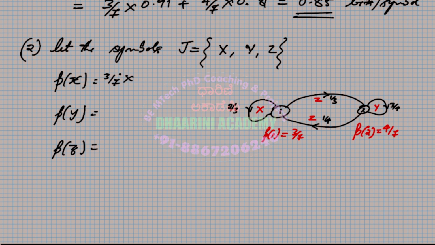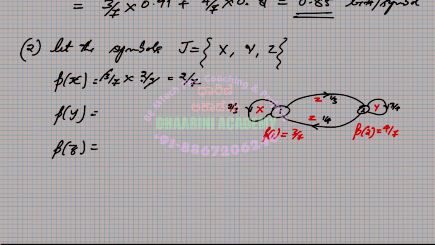After reaching state 1, the chance of getting X is 2 by 3. So the multiplication rule should be applied. The 3 cancels, so the chance is 2 by 7. The probability of getting the symbol X is 2 by 7.